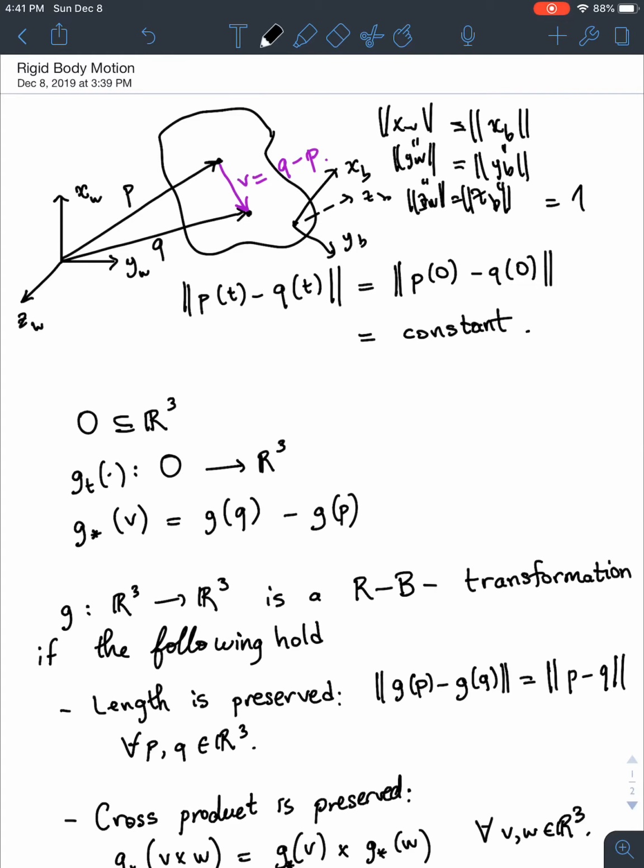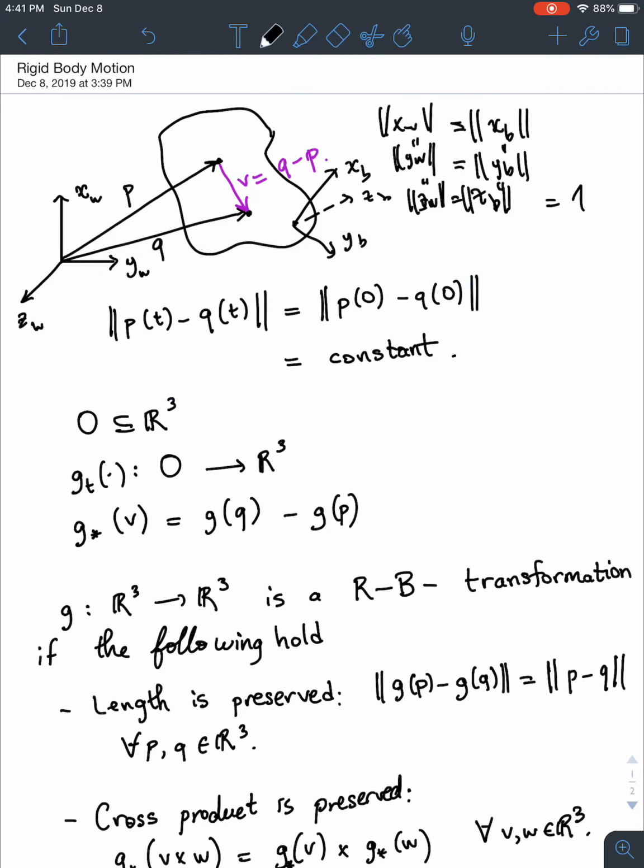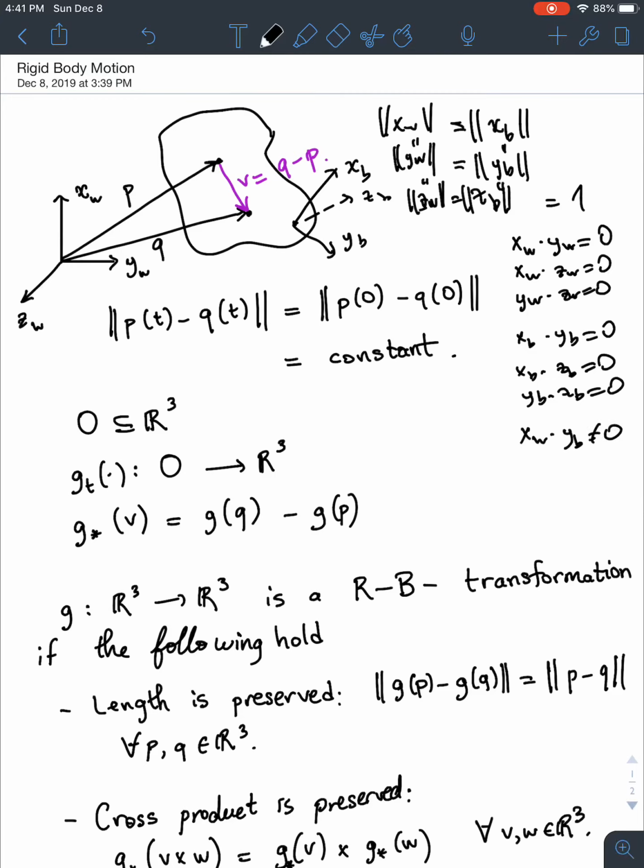They will be mutually orthogonal, which means they are perpendicular to each other. The set of b vectors are perpendicular to each other, and the set of w vectors are perpendicular to each other. In other words, xw.yw equals 0, xw.zw equals 0, and yw.zw equals 0. And also xb.yb equals 0, xb.zb equals 0, and yb.zb equals 0. These are always true, but notice that xw.yb does not necessarily equal 0.